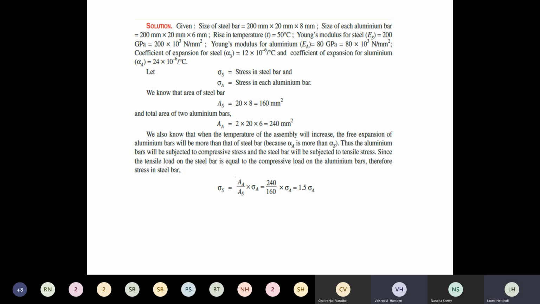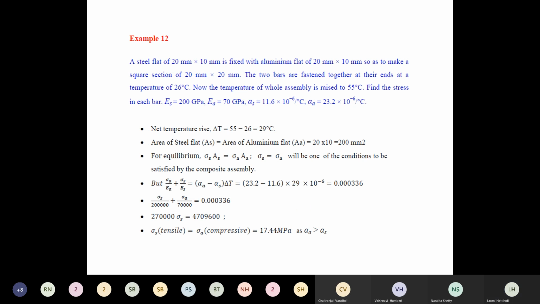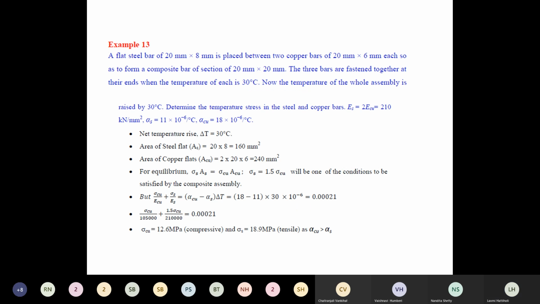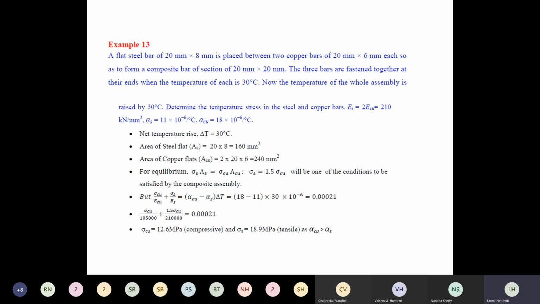Taking another example. Okay, we'll take another example now. Whatever example we have studied, as a continuation, we'll take another example of the same kind.